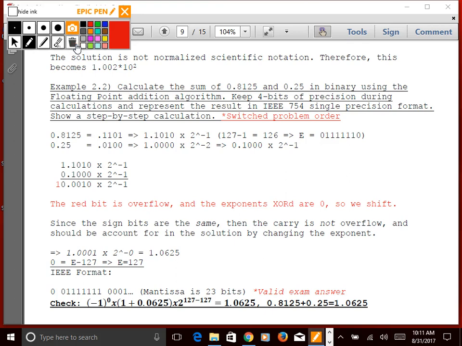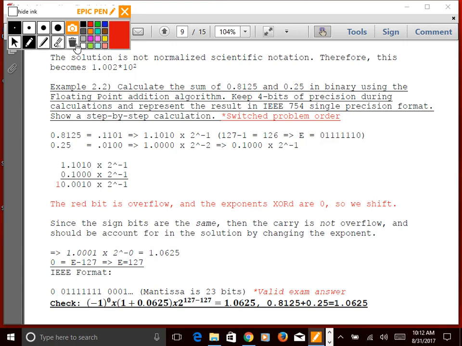Now, if you recall from last lecture, where I talked about how you can only have overflow if you have two addition values where the signs are the same, right? So in this case, the signs of the two IEEE 754 results are both 0 because they're both positive. So you can have overflow, which means if you overflow like this, what's going to end up happening is, well, you just shift the bit and you're fine.